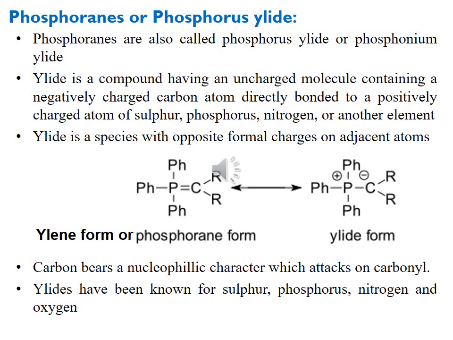Here you can see the two forms of phosphorane. The first form is called the phosphorane form or ylene form, in which a double bond is present, and the second form is called the ylide form, in which two formal charges have been shown, negative on carbon and positive on phosphorus.